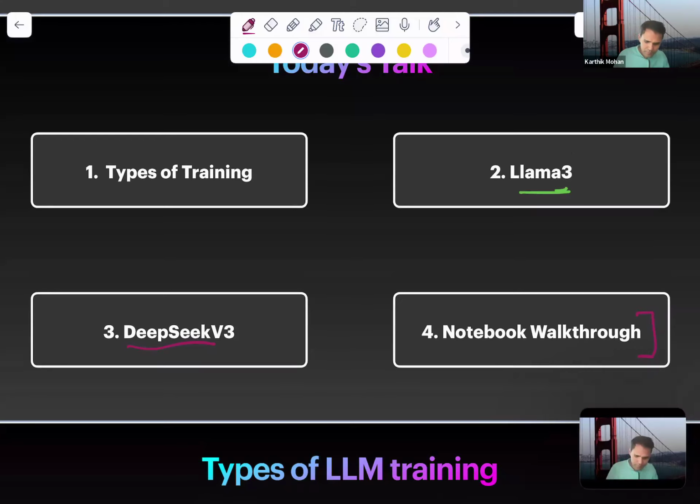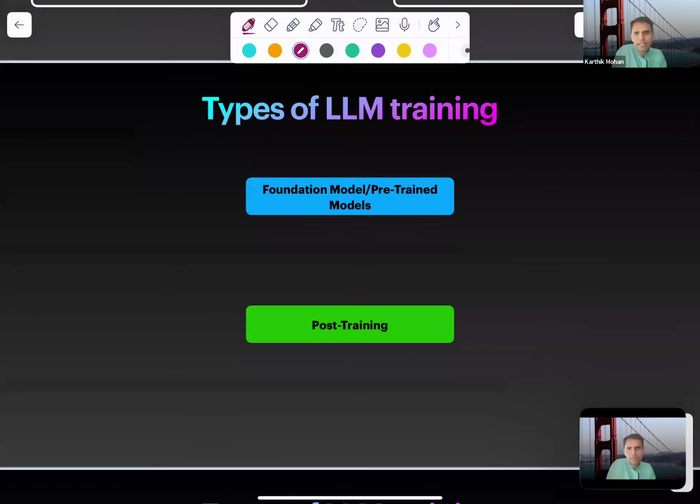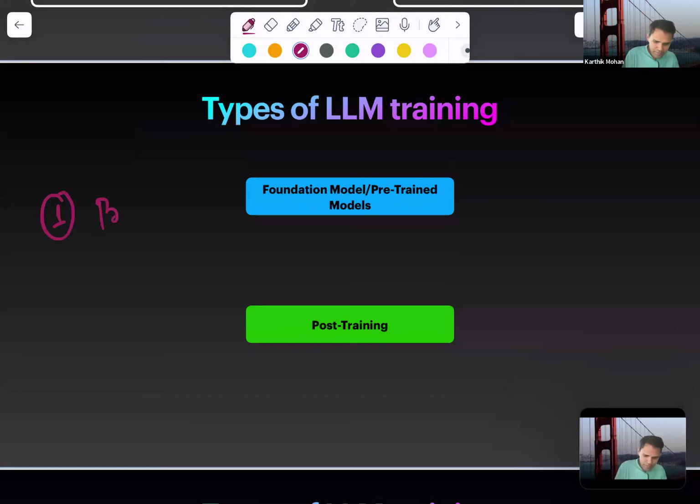Okay. So the types of LLM training that's done are basically of 2 categories. One is pre-training, and the second is post-training.